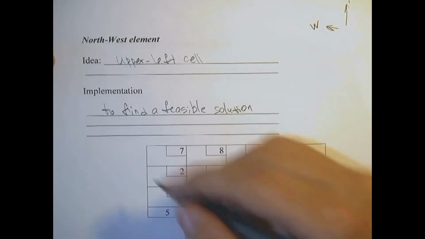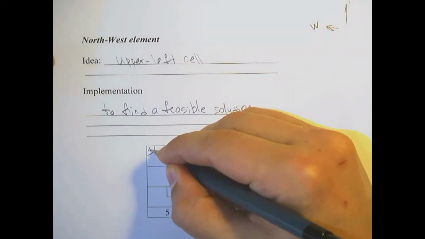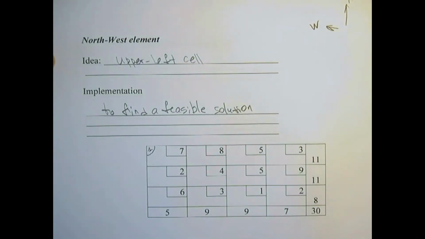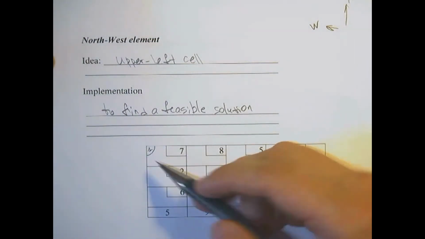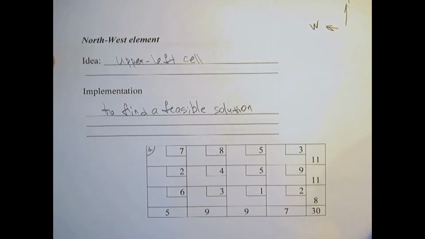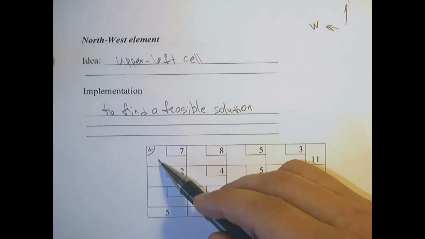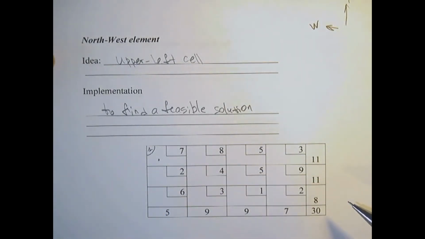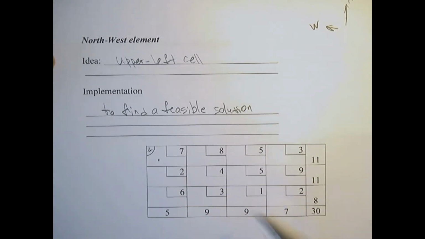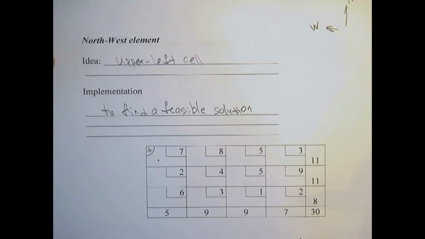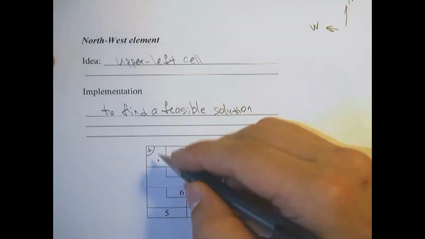Where is it? It is here. To mark the number of the step, I will use such a form. So it is the first step, and the first cell I fill is this one, and the supply is 11, demand is 5. So how many choco boxes should I deliver? I deliver 5.